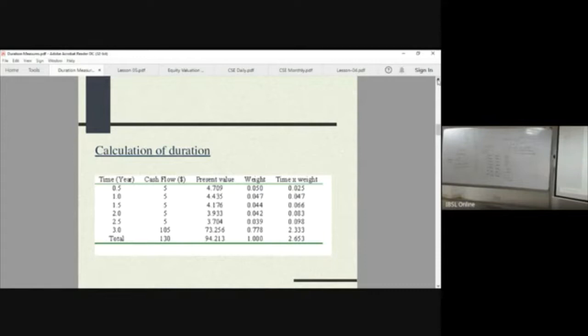You got the value for the duration? 7.576.